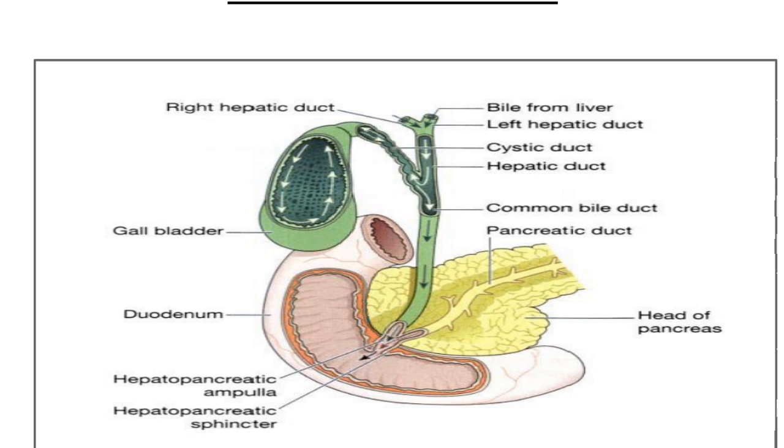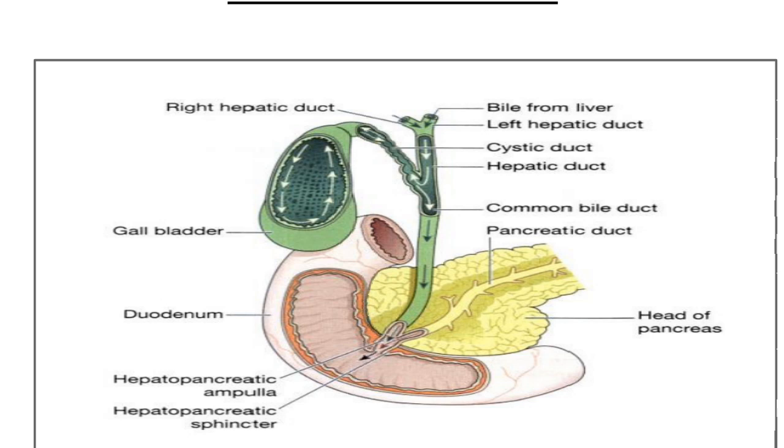From the common bile duct, we have the pancreas connecting just there. We've got the head of the pancreas, and the pancreatic duct, which is connecting to the common duct.